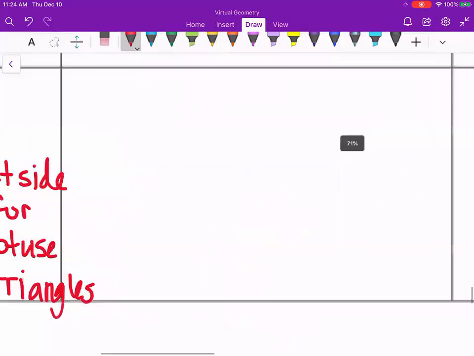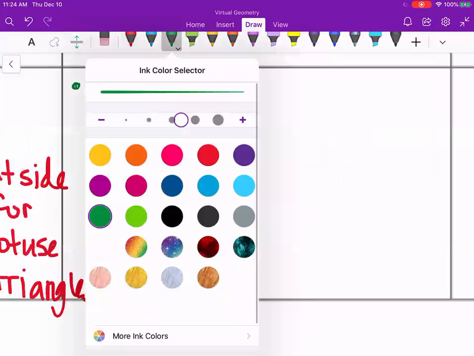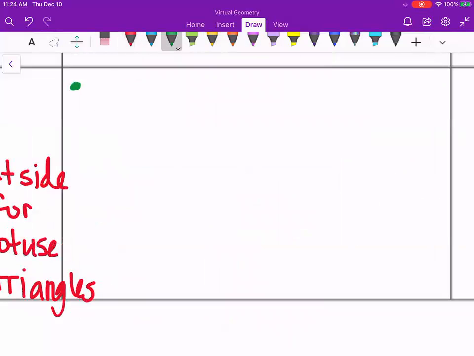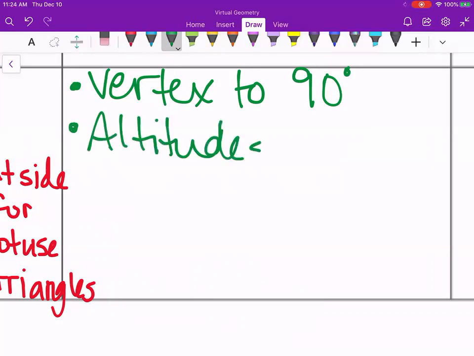Now, specifically when we draw altitudes, altitudes connect a vertex to 90 degrees. All right, now altitudes can be in one of three places.